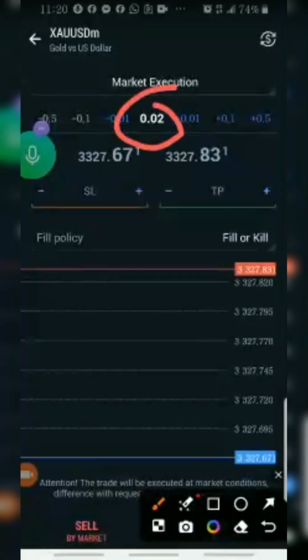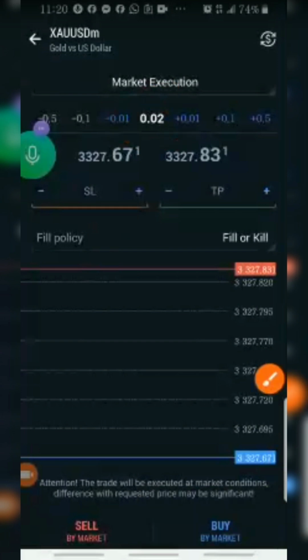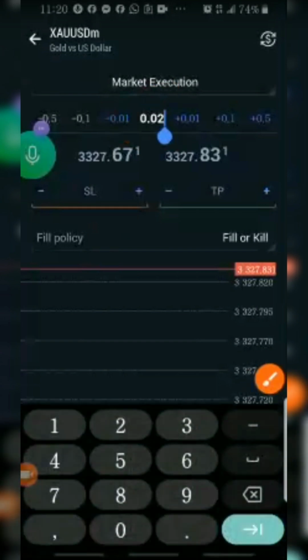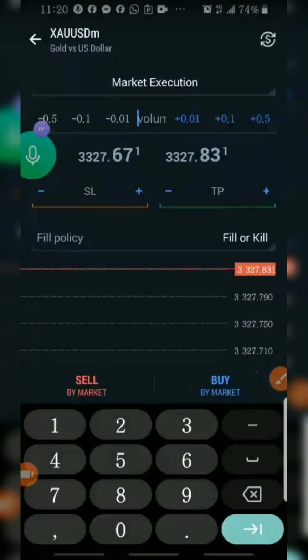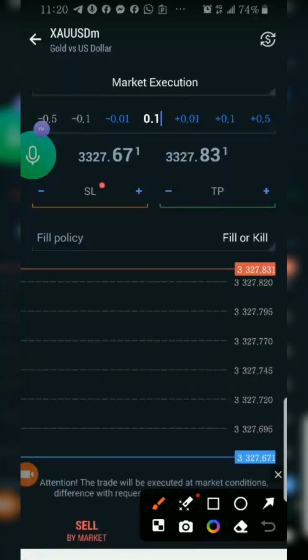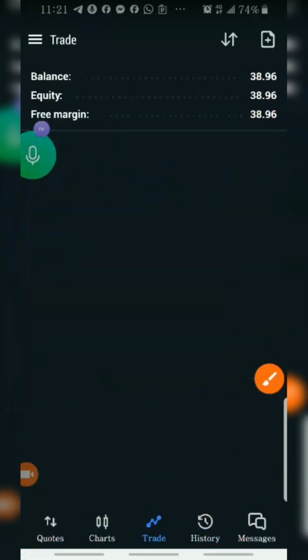This is where you have to enter your lot size. Let's say, for example, I want to buy BTC, and I enter my lot size of, let's say, 0.1. That's my lot size. Now I'll enter my SL. Let's say my SL is... okay, sorry, this is gold. Let's go back to BTC.